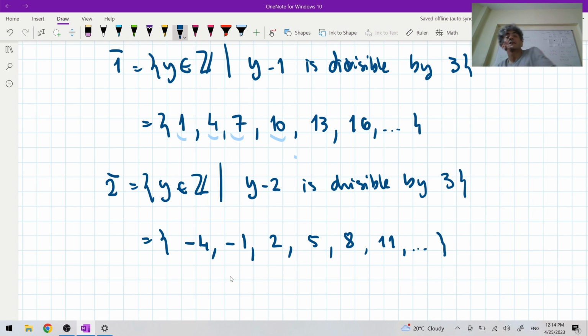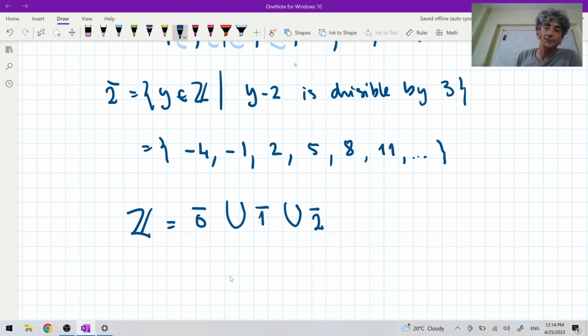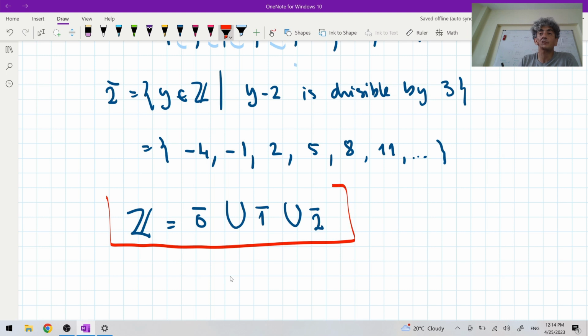It happens that the whole set of integers can be thought of as the union of these equivalence classes that are disjoint sets. We have written the integers as the union of equivalence classes.